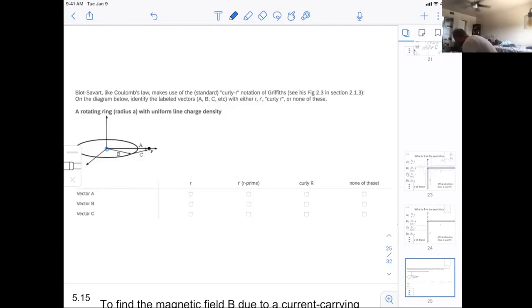So that should be my r, right? Vector B, from your origin to a little section of the wire. So that's your source; it's the location of your source. That's the r prime. Vector C is from the source to the field. That's the r. Right, so we can label all of these.